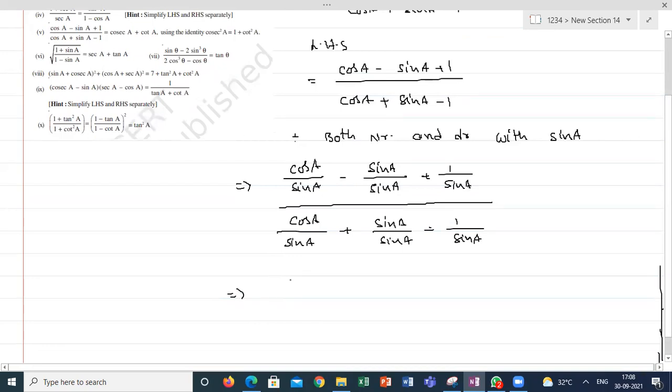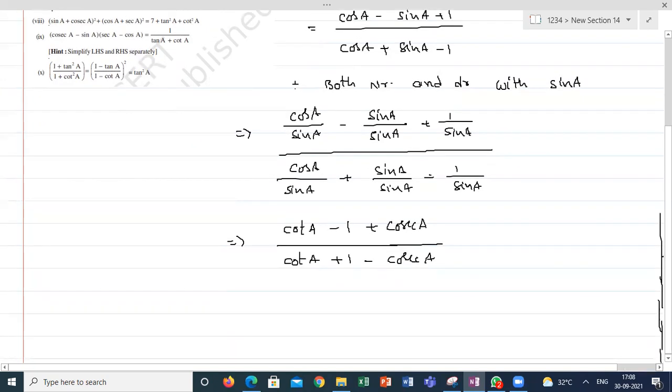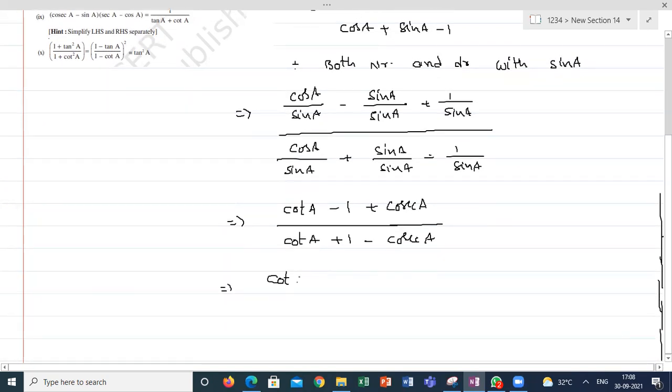So we know cos A by sin A is cot A, so the numerator is cot A minus 1 plus cosecant A, divided by cot A plus 1 minus cosecant A. I'm taking minus common in the numerator, so I can write this as cot A minus (1 minus cosecant A) over cot A plus 1 minus cosecant A. And I'm rationalizing.